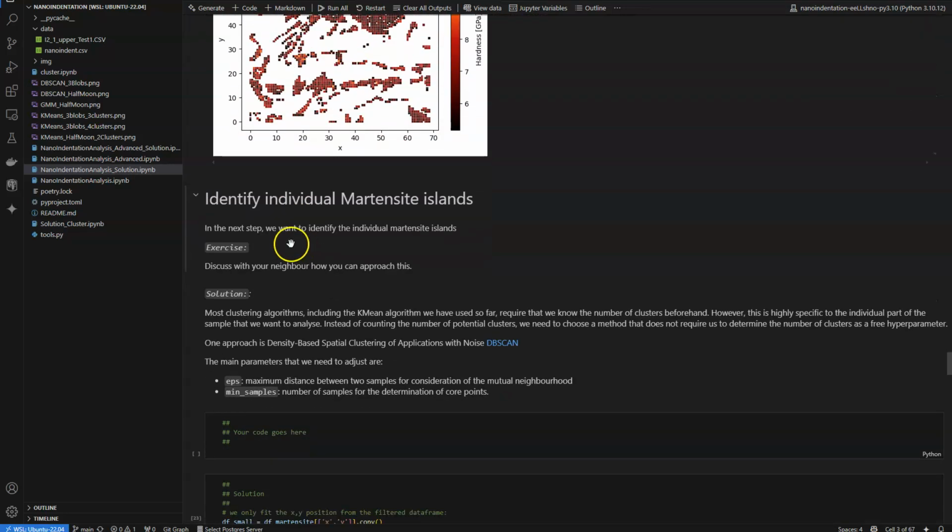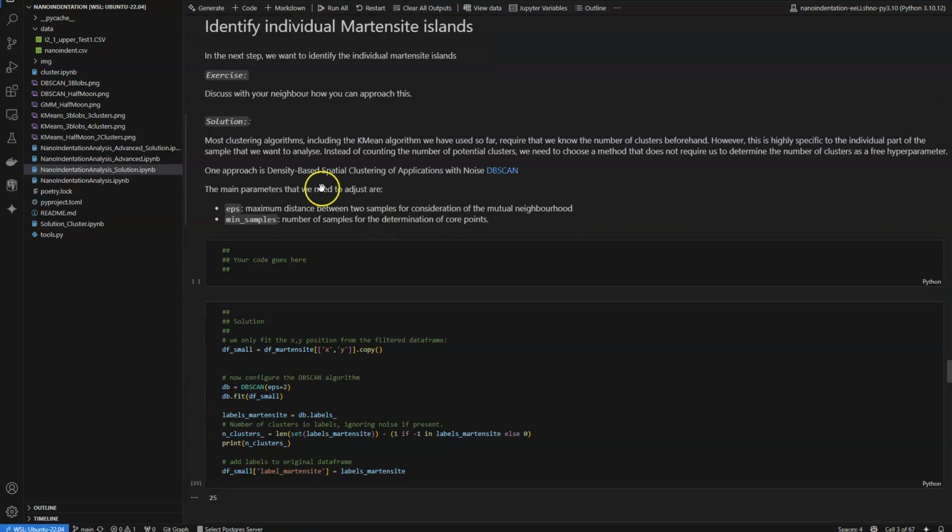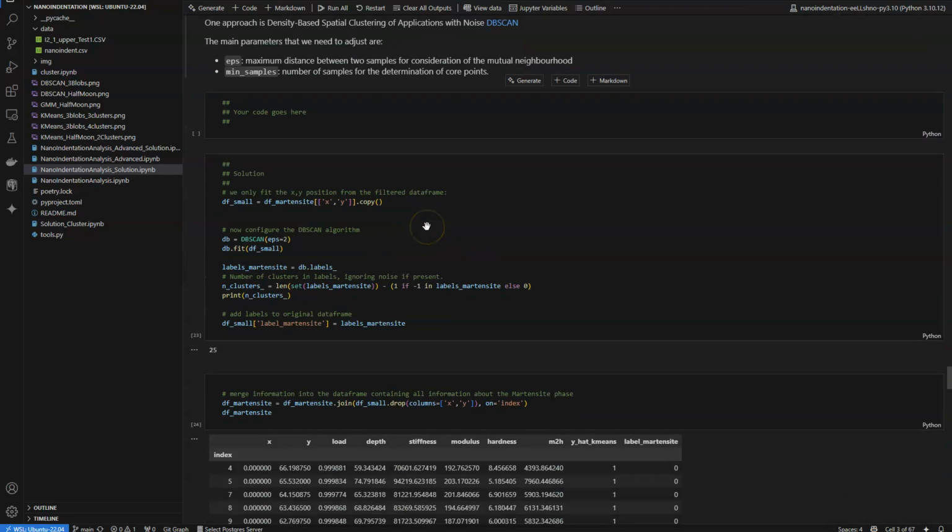So we need a different clustering algorithm, and one approach is to use density-based spatial clustering with noise, or DBSCAN. If you haven't used DBSCAN for a while, it's a good idea to pause this video here and look into DBSCAN. The main parameters that we need to adjust for this algorithm are the maximum distance, epsilon, between two samples for consideration of the local neighborhood, and the minimum number of samples or points in the vicinity of core points.